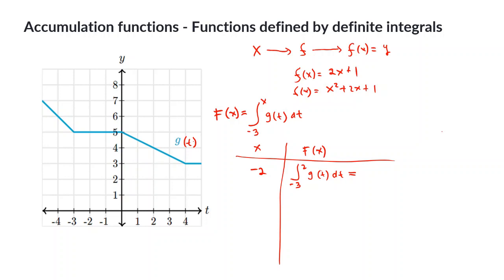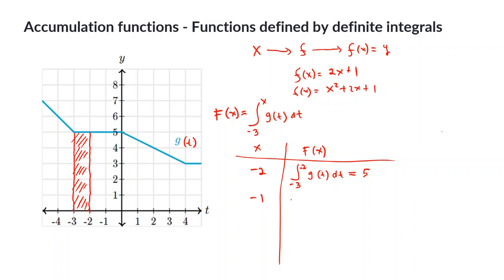So we look at -3 in this function here. This is our initial condition. So it's from -3 to -2. I can see the area is equal to how many rectangles? This is 1, 2, 3, 4, 5. So it's 5. Simple. What if x equal to -1, for example?